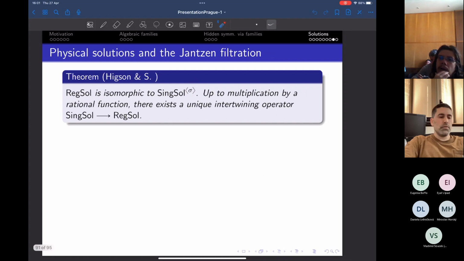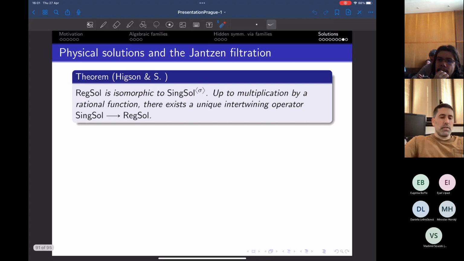And it is a fact that there is an intertwining operator, a rational map between the singular solution and regular solutions. Regular is this dual to singular solution, and it is unique up to multiplication by a rational function. All of this is in this abstract algebraic setting.